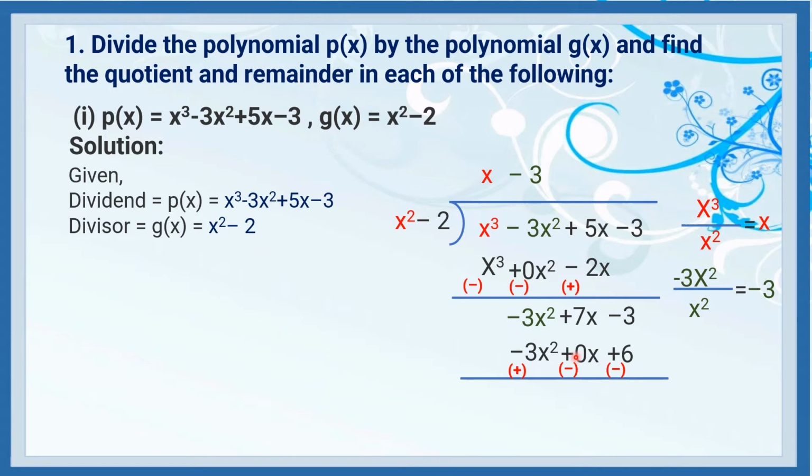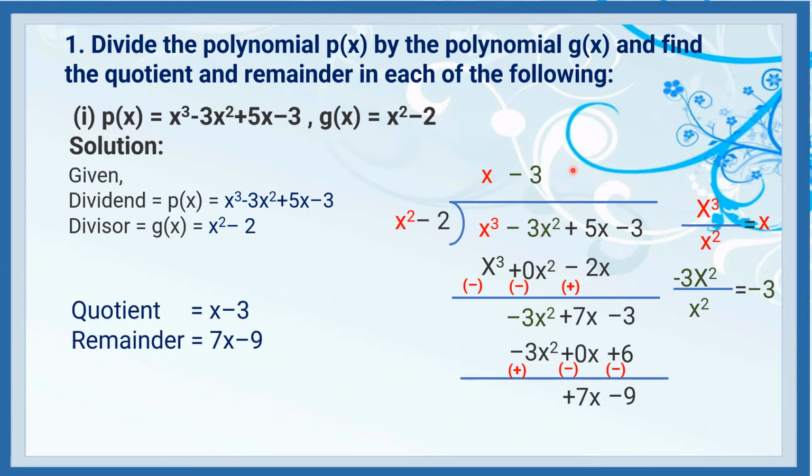Then we can add. Here minus 3x square plus 3x square will get cancelled. Here 7x and minus 3 minus 6, that is minus 9. So here what is the quotient? x minus 3 is the quotient q of x and the remainder is 7x minus 9.